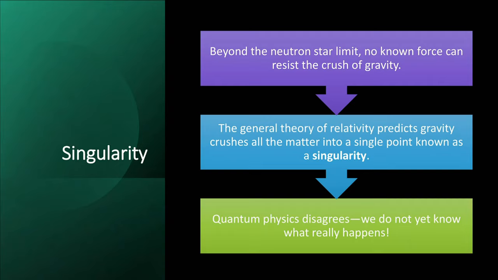So when we talked about the mass limit of a white dwarf, we said that if you increase the precision of the position that you know an object is in, then you have to increase the velocity that it's moving at. And that was the Heisenberg uncertainty principle. So the same principle should apply to the singularity.